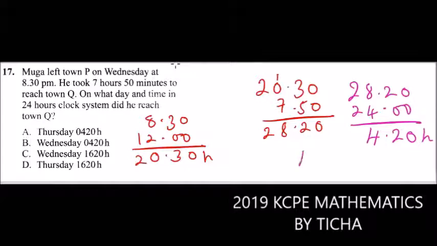So here we have 4:20 hours. So the correct answer we have here is A. That is the correct answer for that question. So you note, whenever you read a question, note the knowledge that you are being tested on, so that you can be able to answer that question.